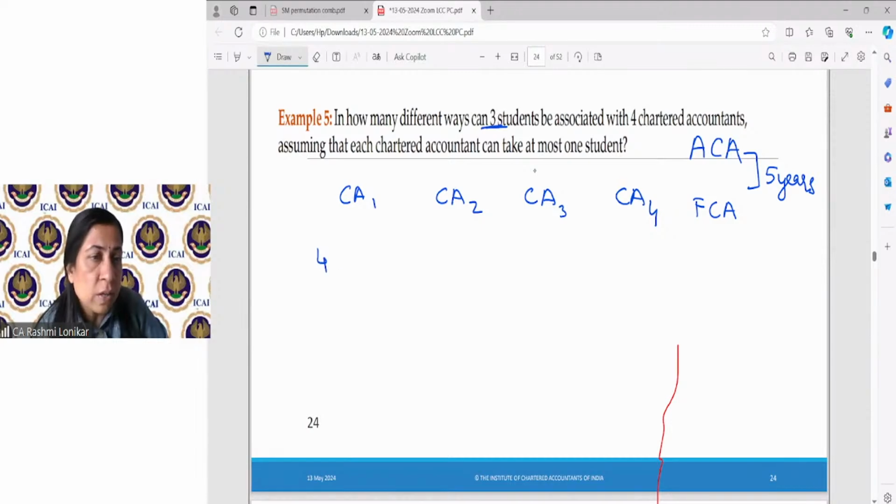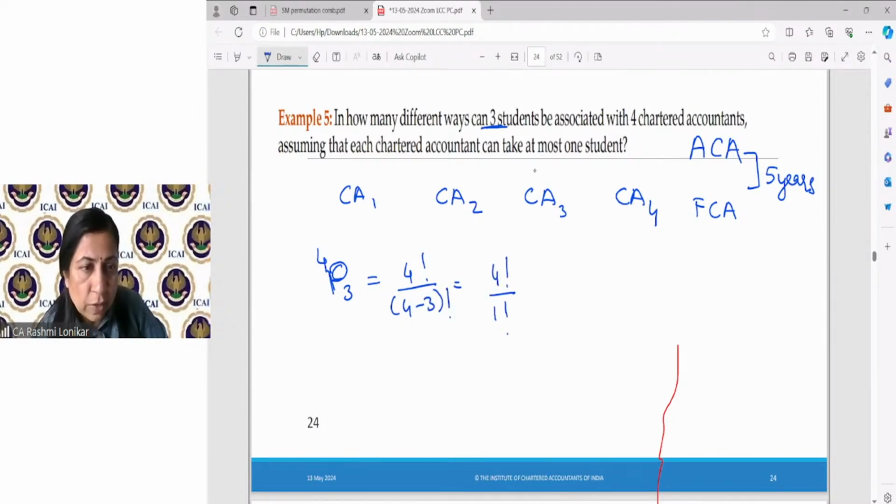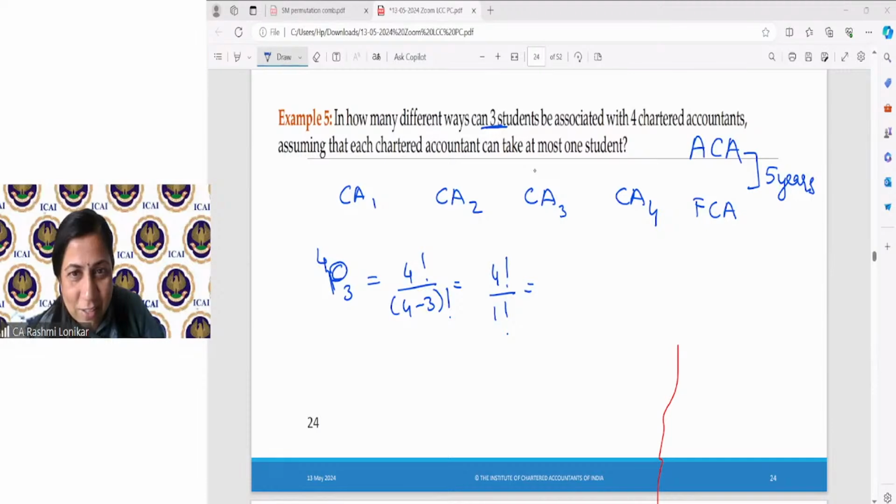CAs are four and students are three. Okay, 4P3 is 4 factorial upon 4 minus 3 factorial, which is equal to 4 factorial upon 1 factorial. 4 factorial is how much? Everybody? Yes, Abhinandan, Rohit. Yes, Rohit, now you have caught up. Okay, now you are able to answer with speed.